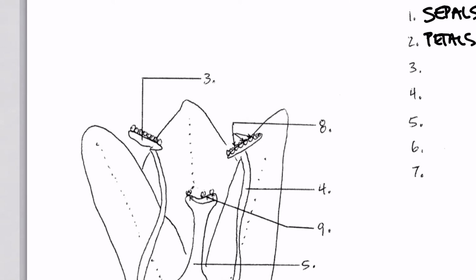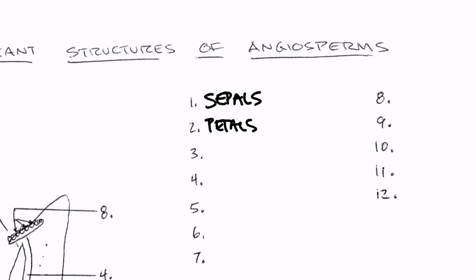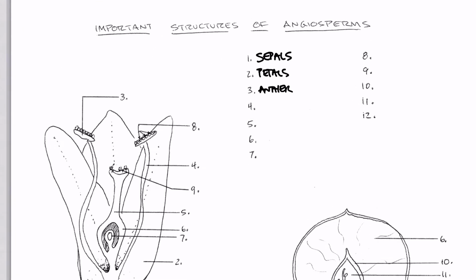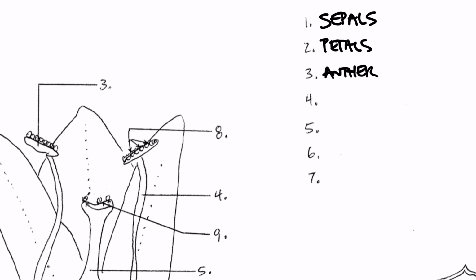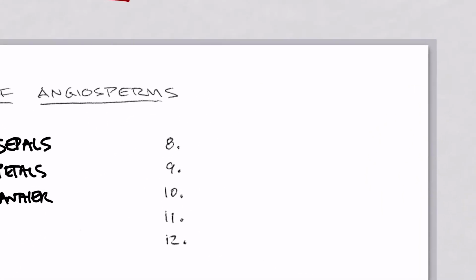Okay, so next we jump up to this part of the plant right here. Now this structure is called the anther. It makes a little bit more sense to jump from the anther to talking about number 8 right here, which are the grains of pollen. And the anther is actually what produces the pollen. So these are pollen grains.